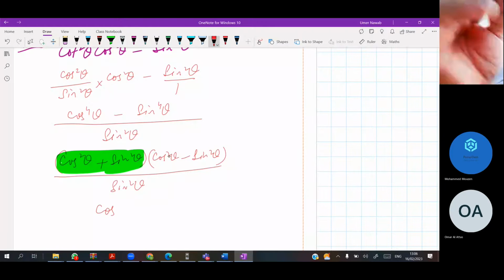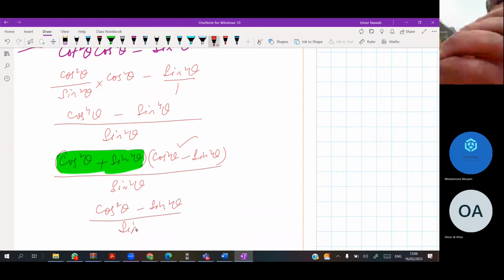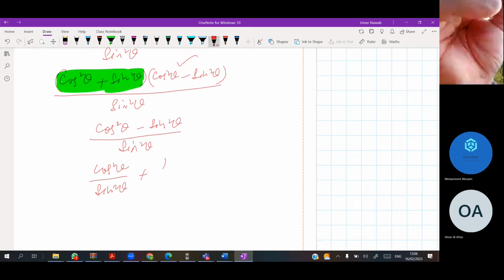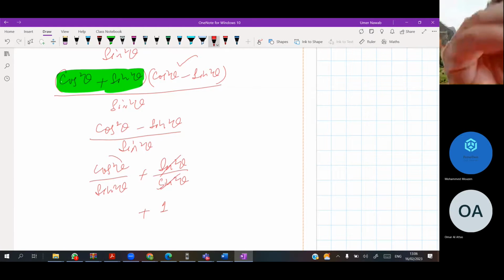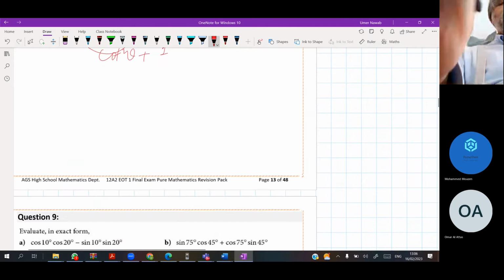So I will be left with just cosine squared theta minus sine squared theta over sine squared theta. Then after that, I write cosine squared theta over sine squared theta in a split form, and sine squared theta over sine squared theta. Now this is cancelled. It will give you 1, and this is becoming cot squared theta. And that is the result which I wanted to make.